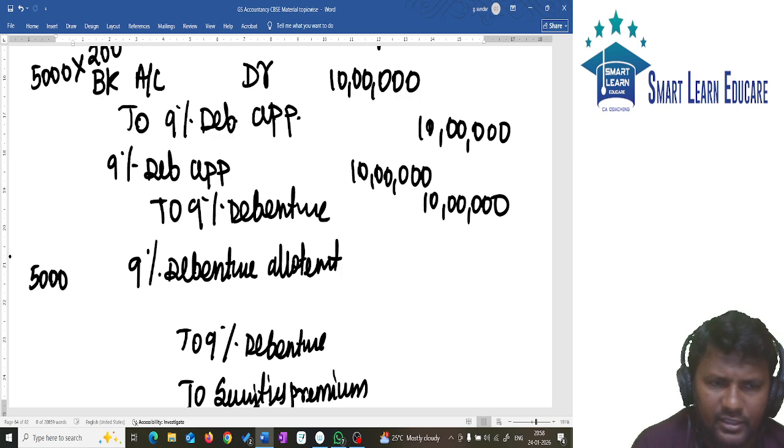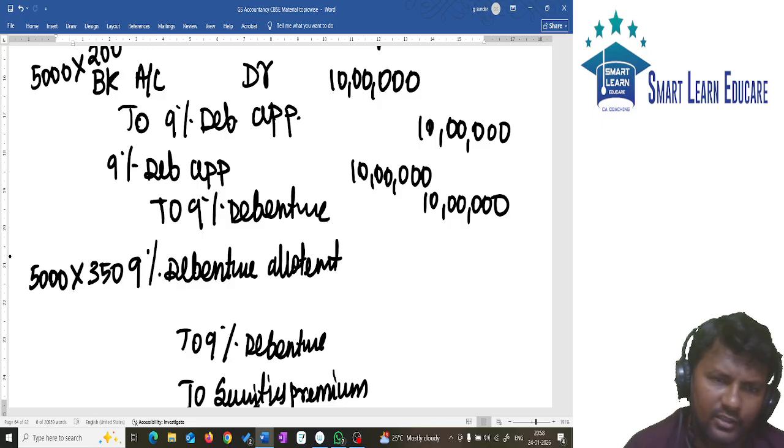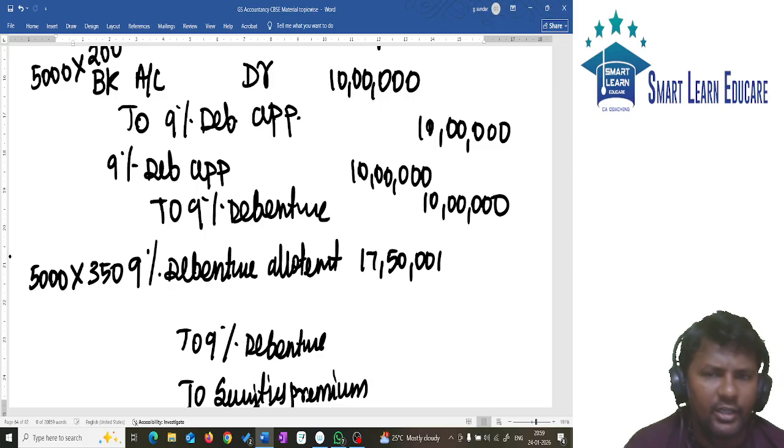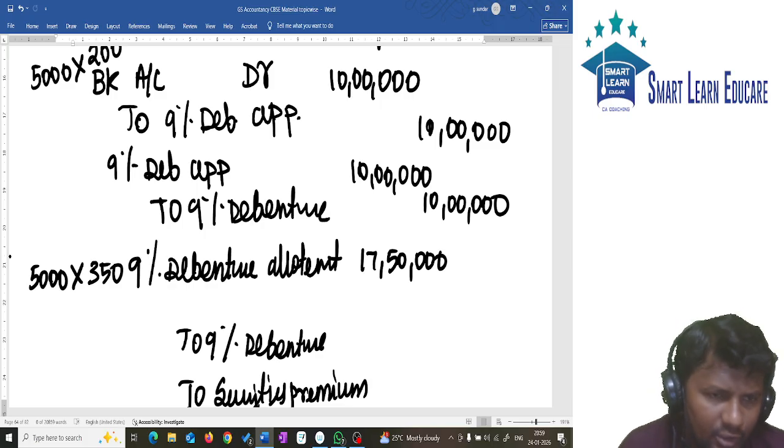What is the percentage? 9%. How much is the rate? 350. So 5,000 into 350 will give you 17 lakhs 50,000. So the debentures allotment account should be debited with 17 lakhs 50,000.